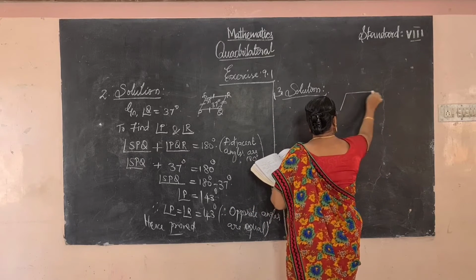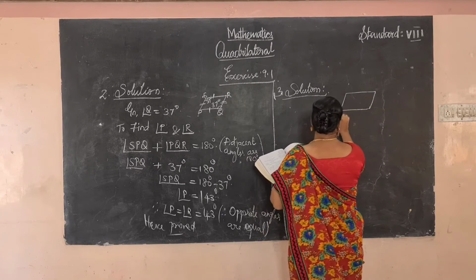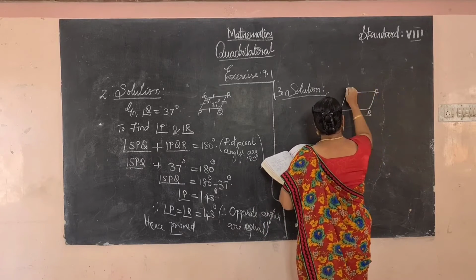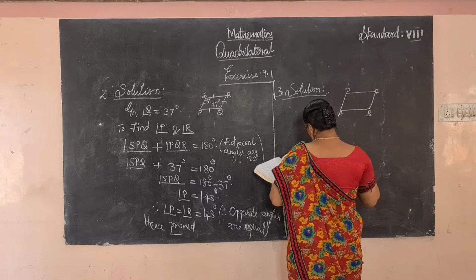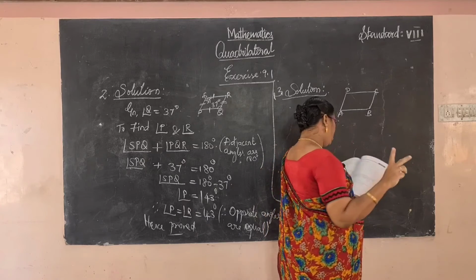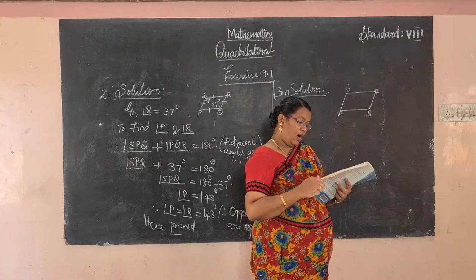Here also a parallelogram is given. We have considered A, B, C, D. Okay.